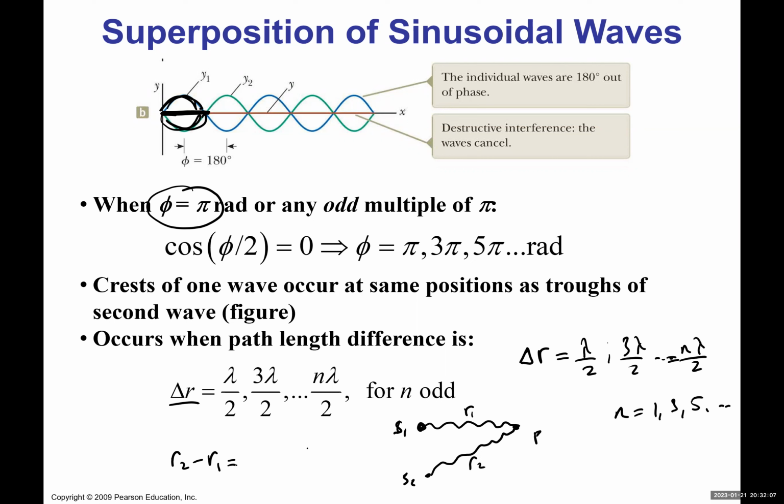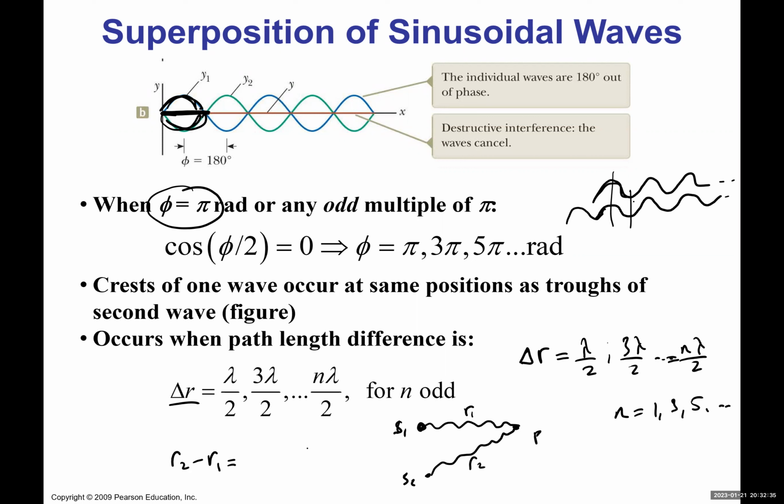That means they're not separated by one wavelength, because what you have here is two waves, if you put them together, like let's say here's a wave, and then the second one goes like this. You can assume that they're continuing, right? So those are two waves that are in phase. But if I take one of the waves and shift it by exactly one wavelength, it's still in phase, because what I have here is crest, crest, trough, trough.